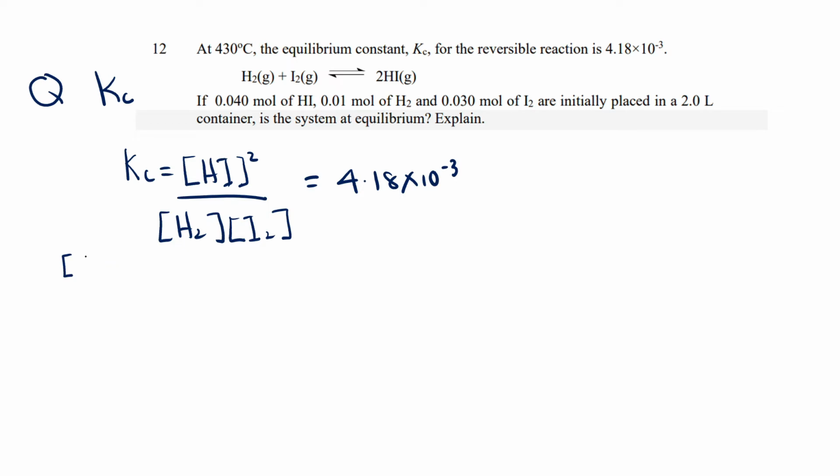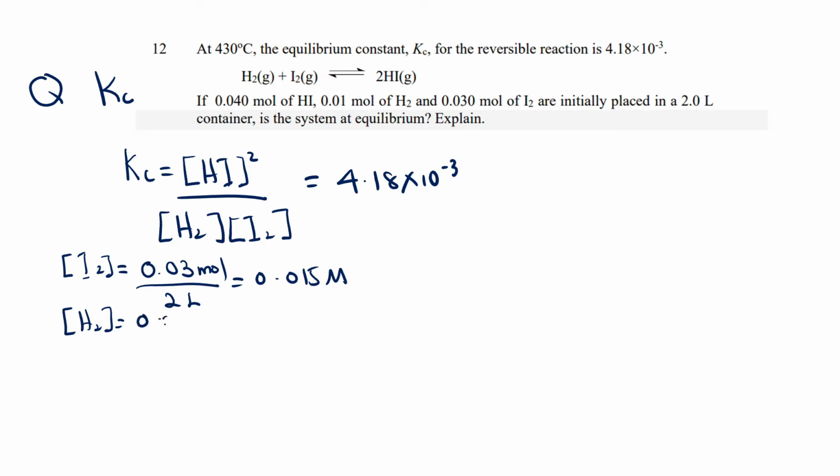Iodine equal to 0.03 mole over 2 liter. So we got 0.015 molar. Concentration of hydrogen, 0.01 mole over 2 liter. So we got 0.005 molar.